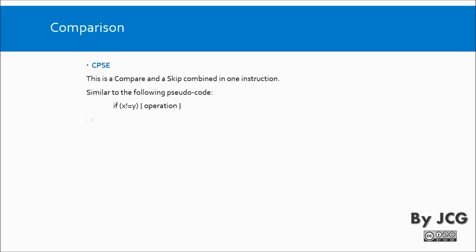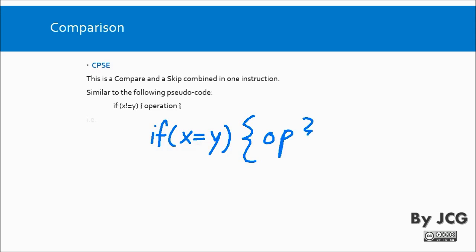So you would think that the code would be something like if x equal to y, because you have the word equal. So you would say this is more like if they are equal, then perform an operation.